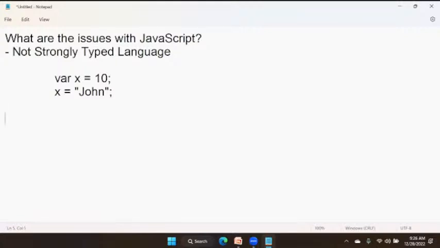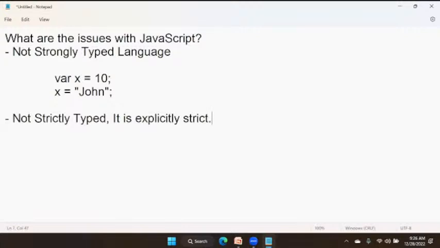Next point, it is not strictly typed. That means it is not explicitly strict.